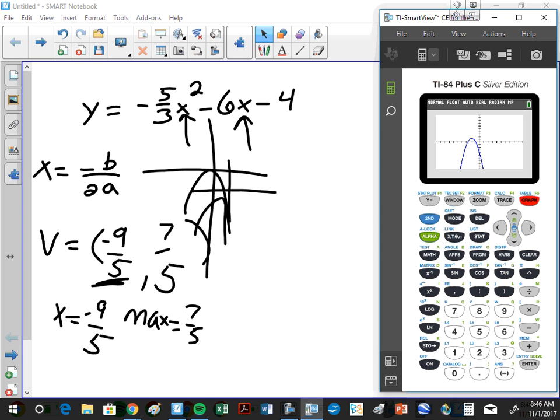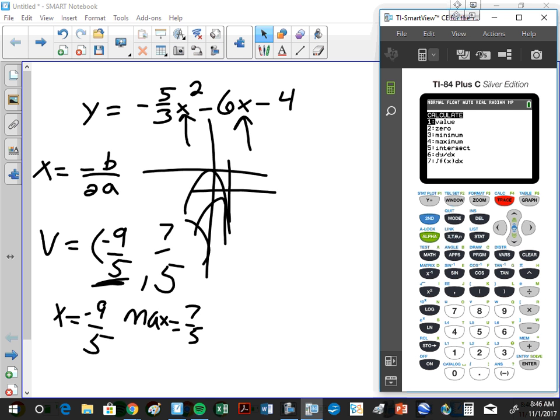So I have this graphed. How do I find the vertex? If you push second calc, which one of those functions is going to find the vertex for us? Zero will tell me where it hits the x-axis.